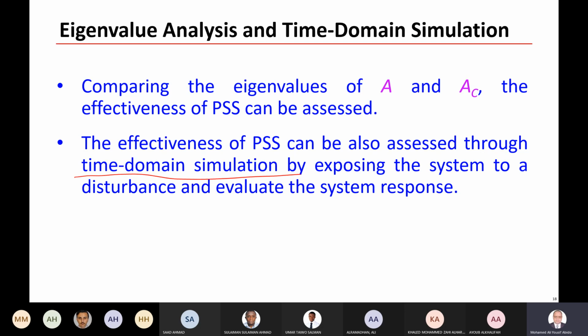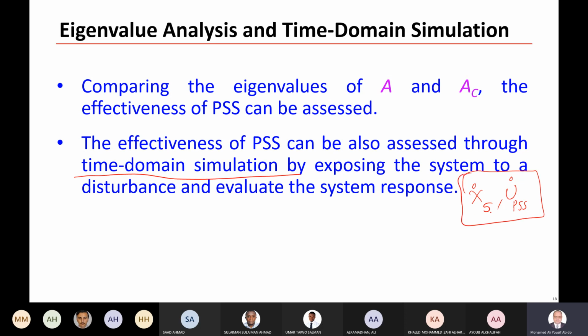Here, what you will do is simply add these two equations, x5 dot and UPSS dot. So you now have 6 differential equations that need to be solved by the Euler method, trapezoidal, Runge-Kutta, or the ODE function in MATLAB. The only addition here is these two states of the power system stabilizer.